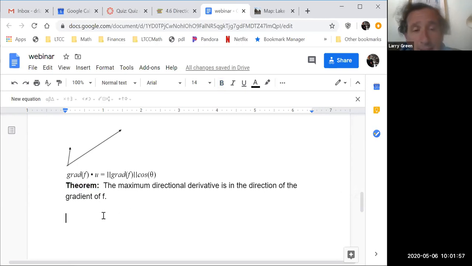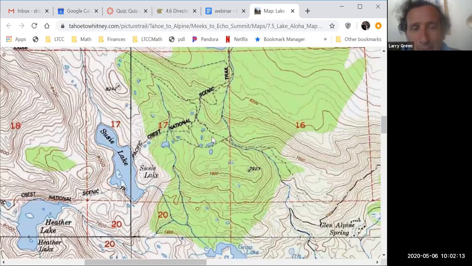And that's because if you want theta to be 0, you better be in the direction of the gradient, because that's what it means for theta to be 0. It means you're in the same direction. Okay, so that's really important. So let's go back to our beautiful contour map.